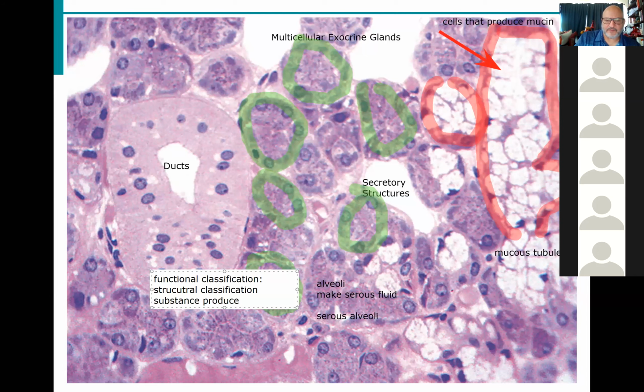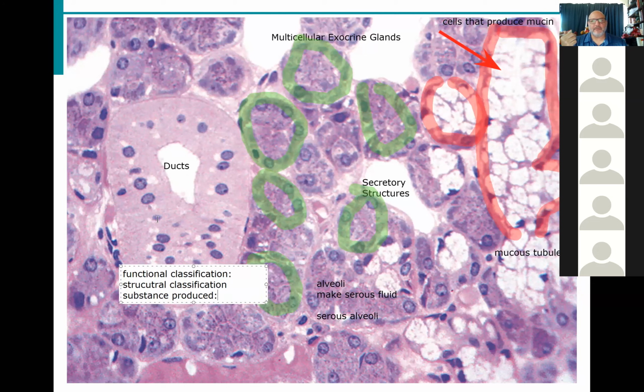Let's start easy. What is the substance that is produced by this particular gland? Mucus. True, but we could even be more specific. Saliva. Saliva, there you go, excellent. What this produces is saliva. Excellent. What is the functional classification of a salivary gland?